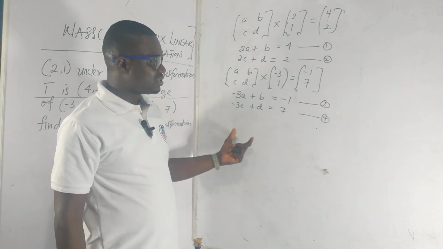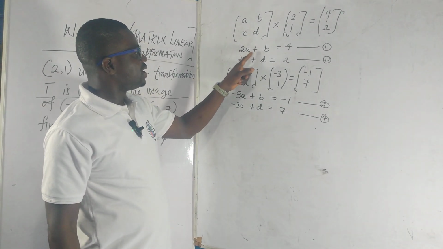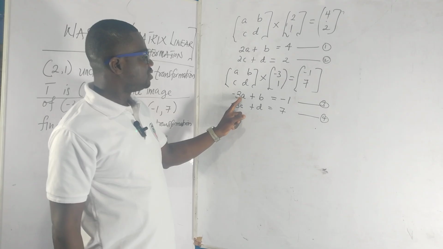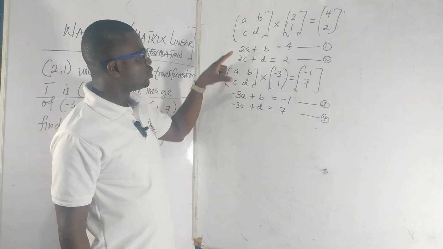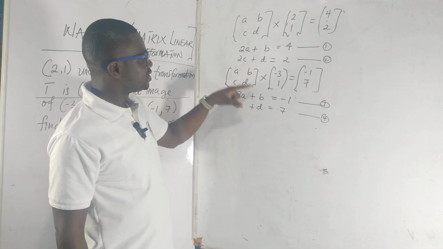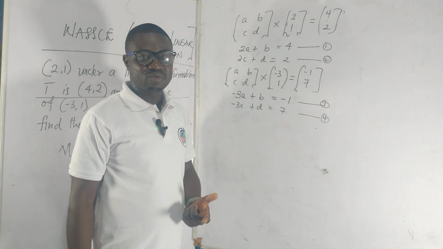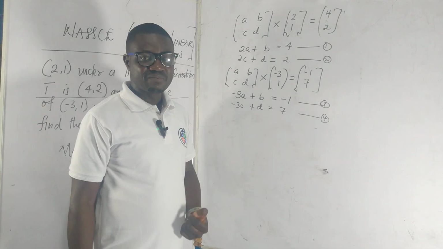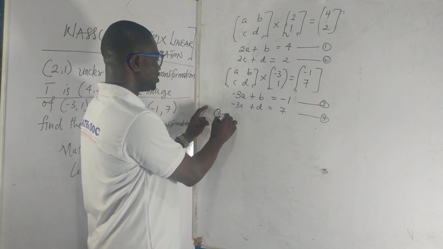Now let's look at how best we can solve simultaneously. Looking at 2a plus b and -3a plus b, it means those two can work out. We can eliminate b by using the simultaneous equation elimination method. So equation 1 minus equation 2.